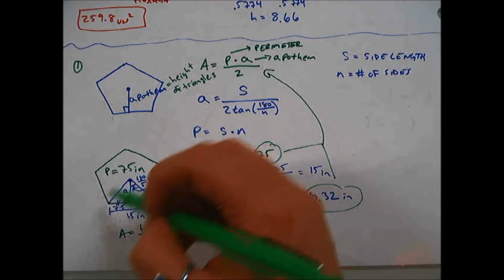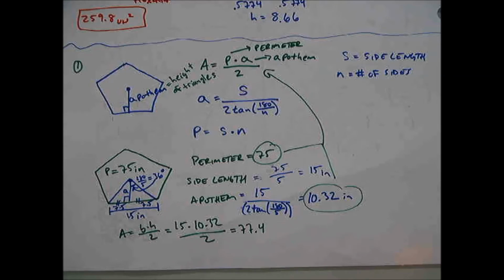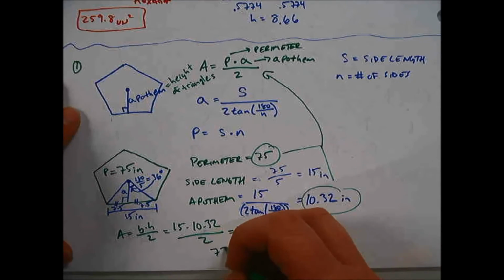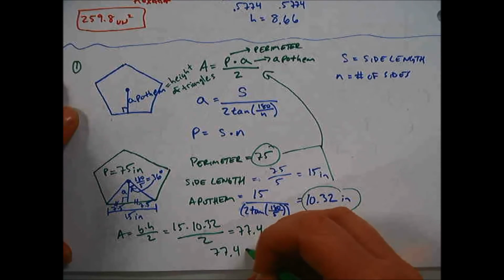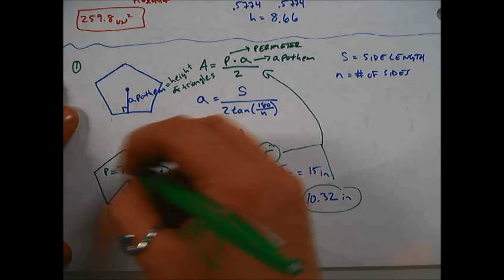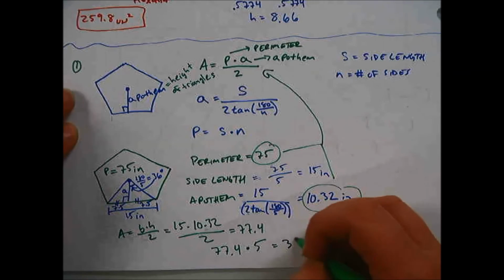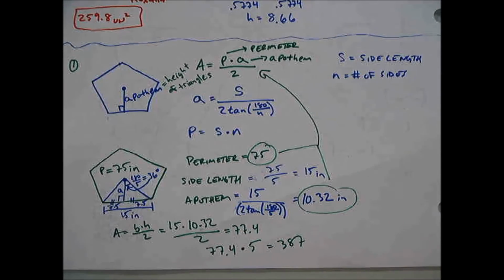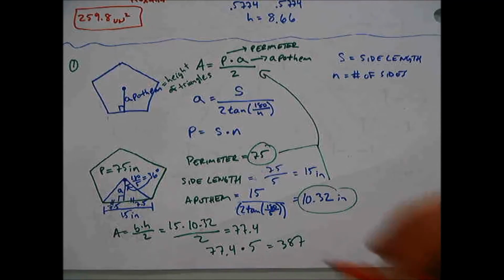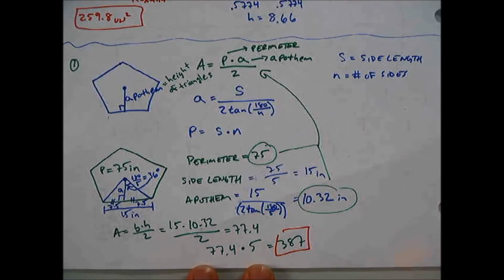And then, since that's the area of this little triangle, we could take that and multiply by how many triangles there are. So 77.4 times 5, since there's 5 sides, so there will be 5 triangles. And we would get 387 for the final area of that pentagon.